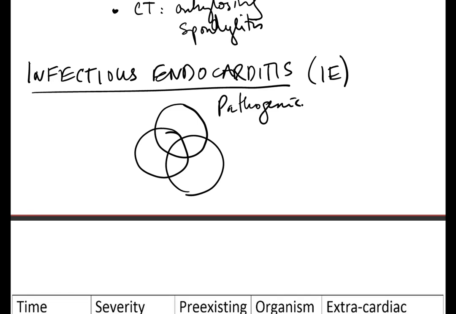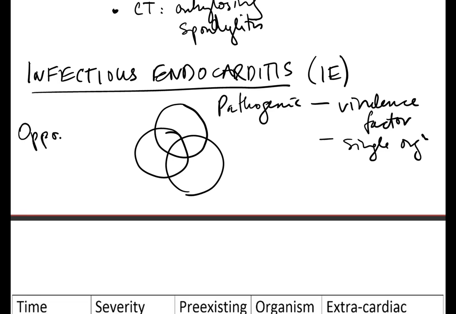Remember, a pathogen is an organism that can infect a normal person, which means they have a way of evading all of our innate and adaptive immunity. So that kind of pathogen is what we really mean when we're talking about a virulence factor. So they tend to be fairly distinctive organisms, so these infections tend to be single organisms.